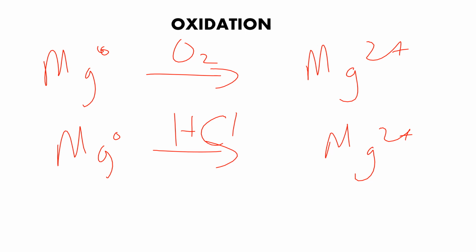So another way to define oxidation that is much more comprehensive is to say when there's an increase in this charge, oxidation occurs. Now that charge we often call the oxidation number or the oxidation state. So a better way to define oxidation is the increase in oxidation number of an element. When that happens, it's been oxidized or oxidation has occurred.